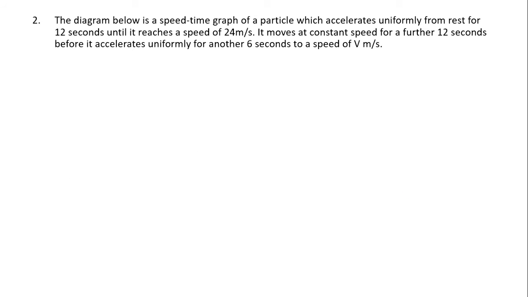Question 2. The diagram below is a speed time graph of a particle which accelerates uniformly from rest for 12 seconds until it reaches a speed of 24 meters per second. It moves at constant speed for a further 12 seconds before it accelerates uniformly for another 6 seconds to a speed of v meters per second.